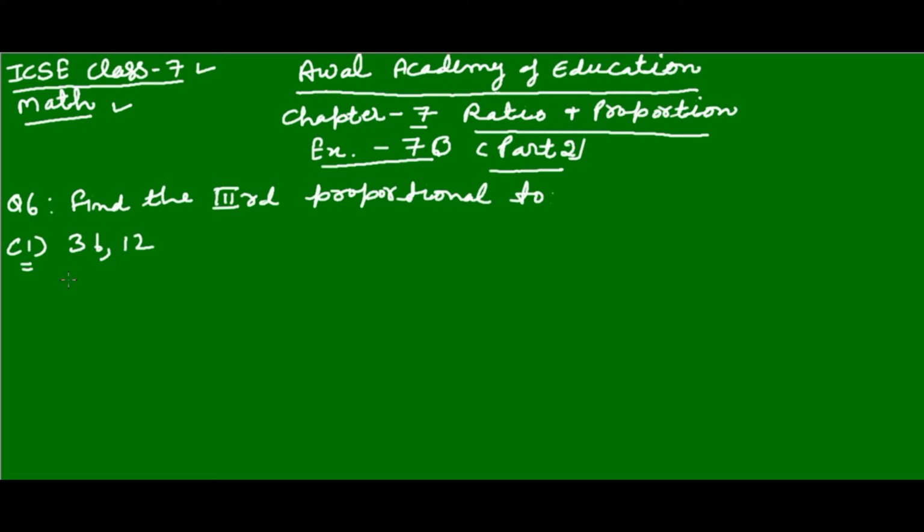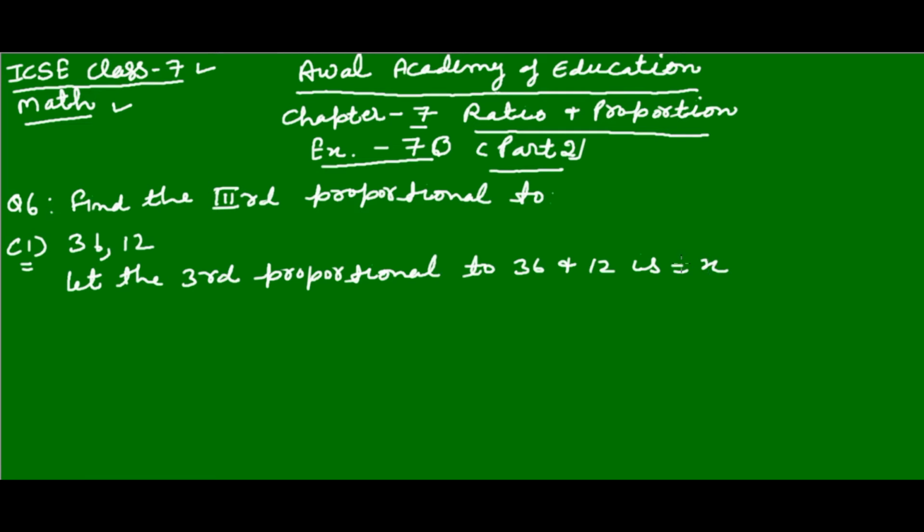For that, we will assume that the third proportional to 36 and 12 is x.